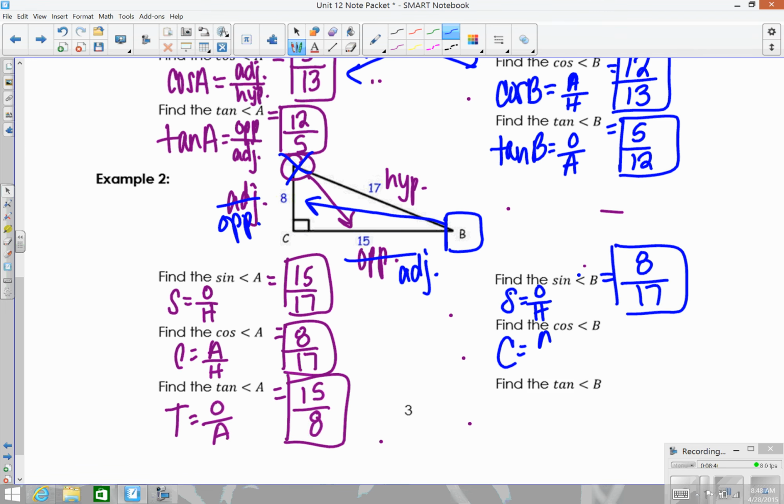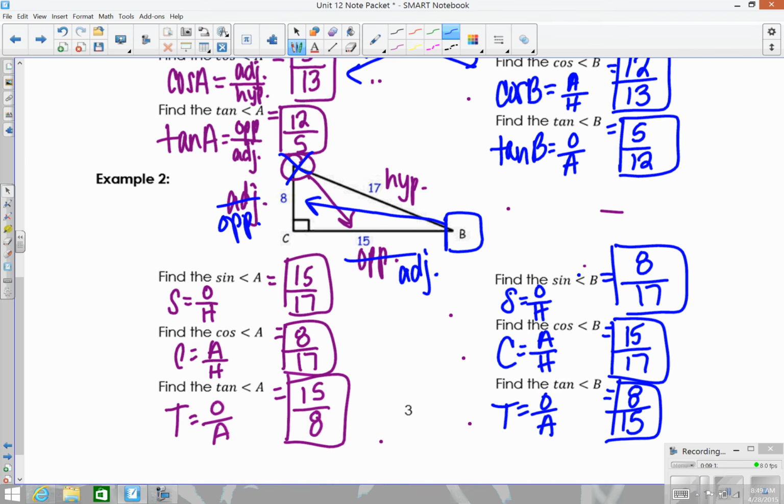Cosine is cah, adjacent over hypotenuse. And again, these should flip because we're looking at the sine and cosine of complementary angles, or angles that add to 90. And then tan should be the flip of this. So tan is toa. So we go to B, opposite over adjacent. So that's it for that.